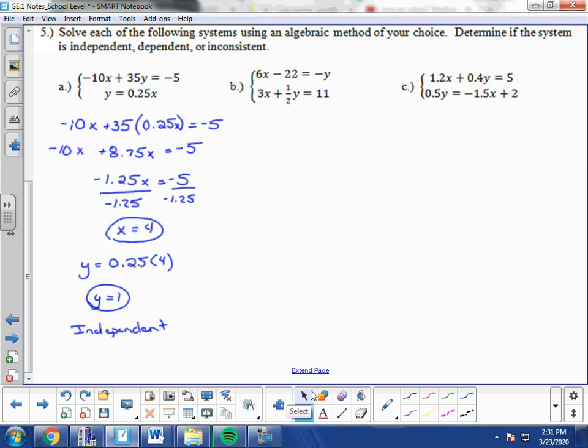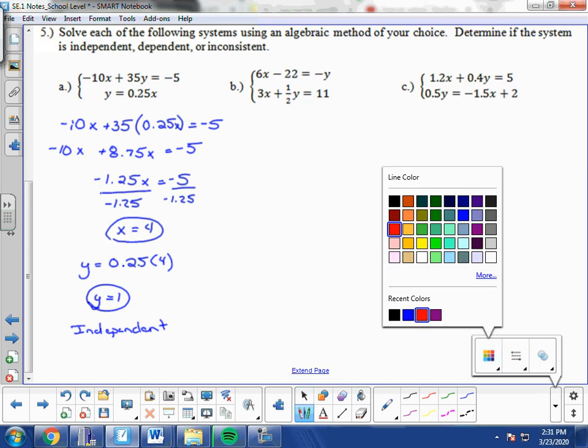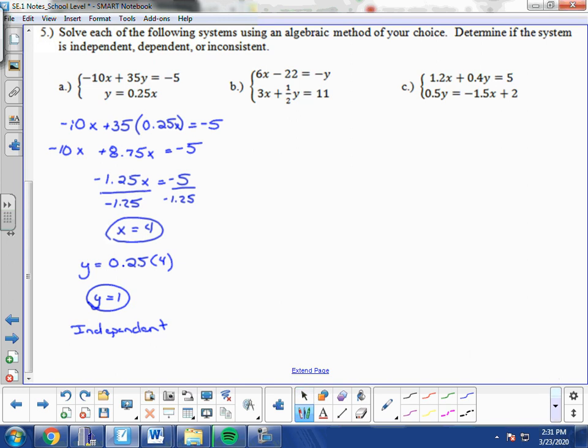Now let's take a look at b. I'm going to solve b using substitution as well, because this one is not much more difficult. The only thing I need to do in this first equation to substitute is divide by negative 1, so that gives me negative 6x plus 22 equals y. I'm going to take this expression for y and put it into the second equation.